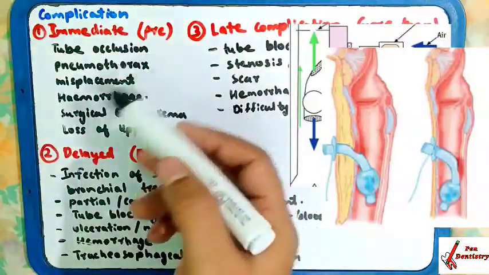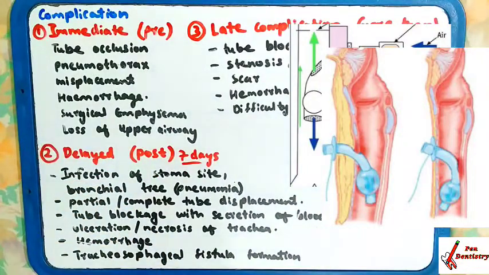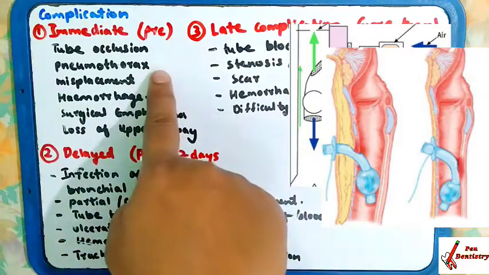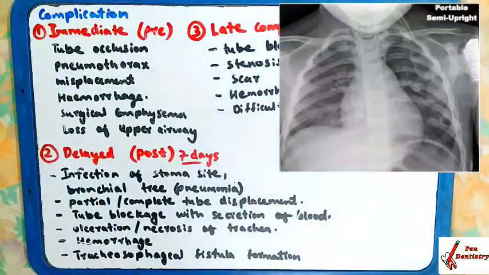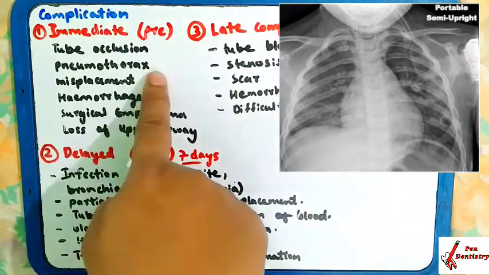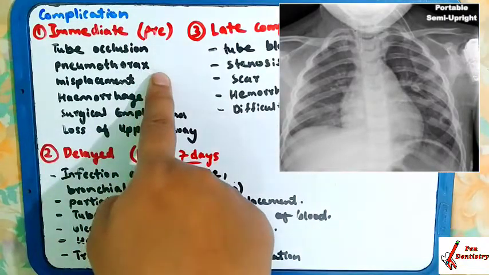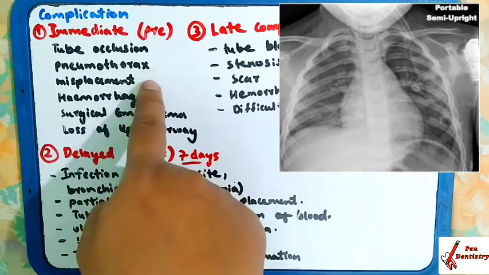Tube occlusion means your deflated tube will not be placed in the occlusion. Pneumothorax means there will be air trapped in the lungs that will lead to collapse of the lungs. So air trapped between the chest and the lungs is pneumothorax.